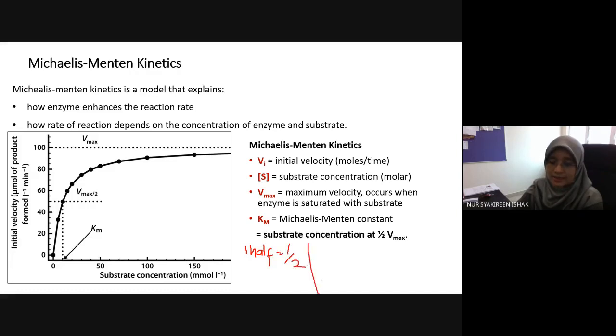So dia lain tau, 1 and a half is 1.5. So guna istilah tu betul-betul ya. 1/2 is equal to half, or kalau 1 and a half is 1.5. Okay. So jangan ingat dalam video tu guna istilah salah ya. Okay. So substrate concentration at half Vmax.